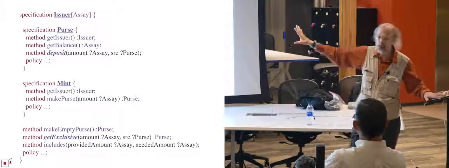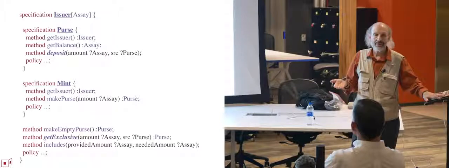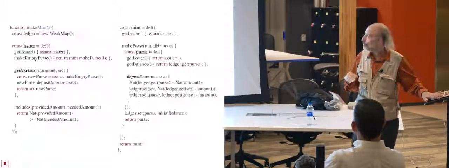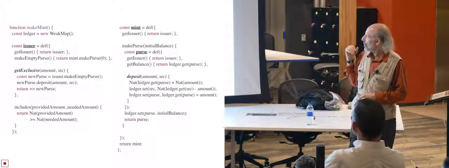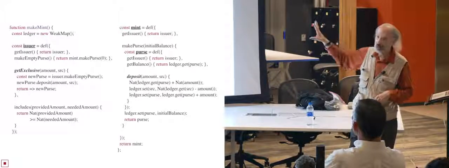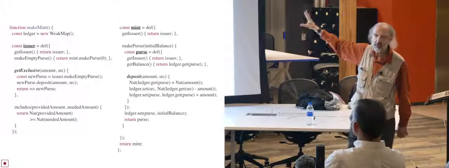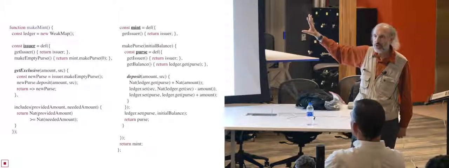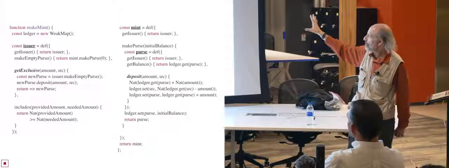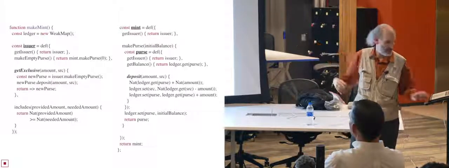And the ERTP protocol, this set of object interfaces, now enables us to build, and this over here, this is actually the reconstruction of the purse implementation. It's a little bit more code, not a frightening amount of more code, in order to take the same logic and embed it in this very general description of ERTP.